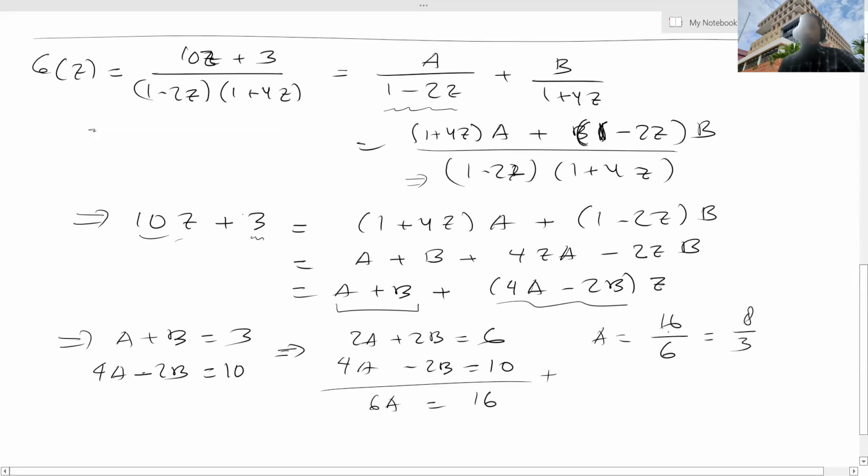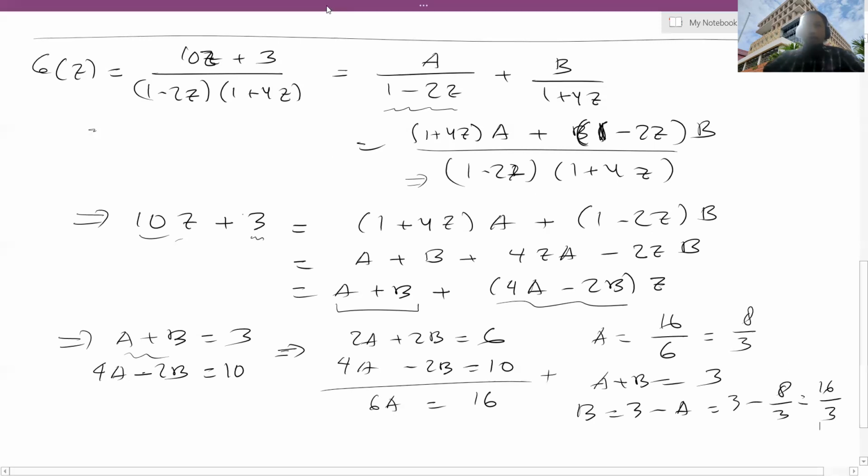Now you substitute this into the equation A plus B is 3, so therefore B is 3 minus A, which is 3 minus 8 over 3, which easily solves to 16 over 3.